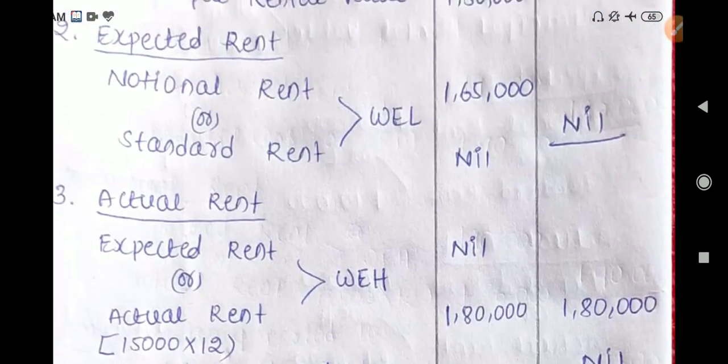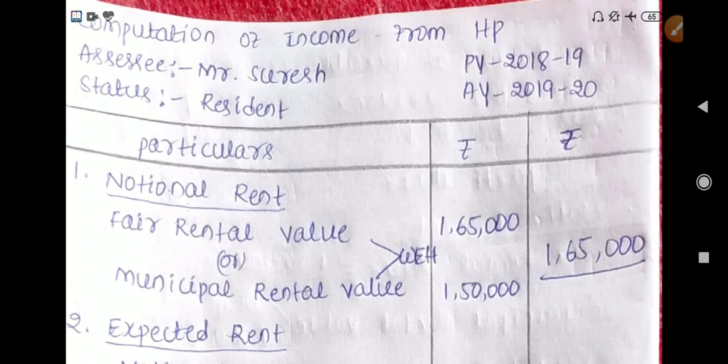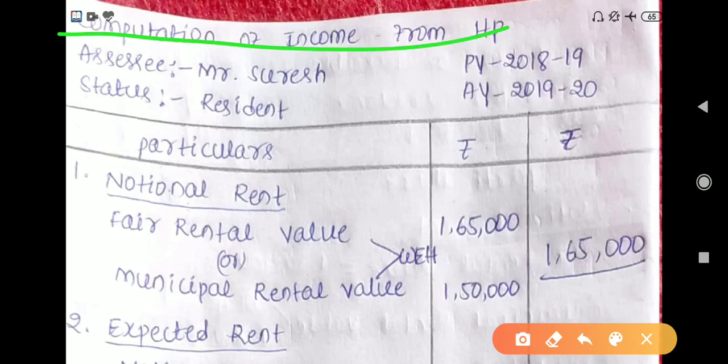As we know, you have to write the heading, that is computation of taxable income from house property. Assessee name Mr. Suresh, status resident, previous year 2018-19 and assessment year 2019-20. So these are the essential things you have to write compulsorily.